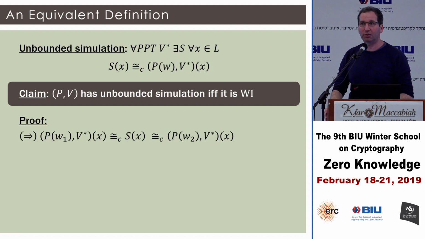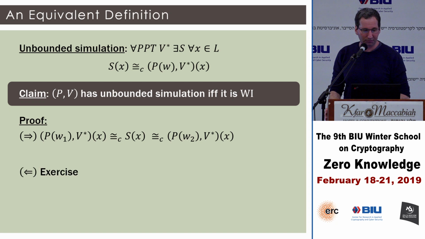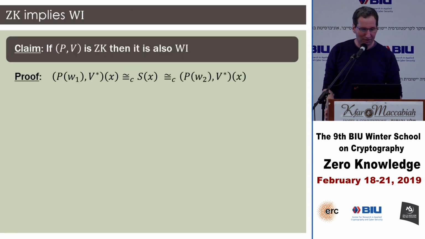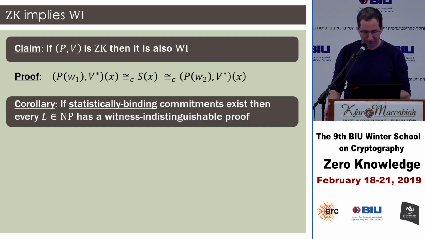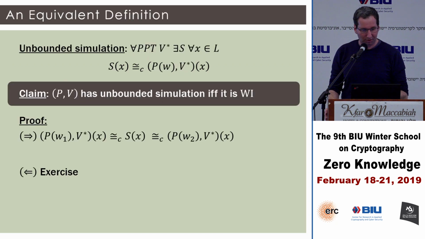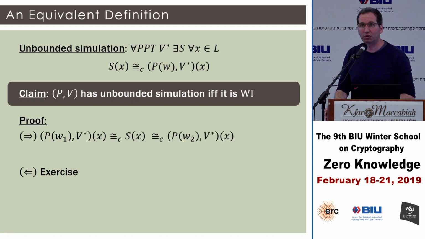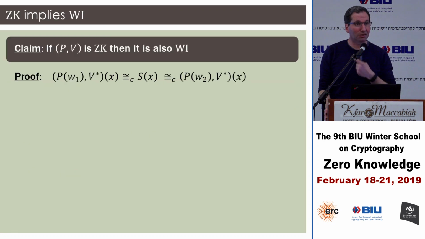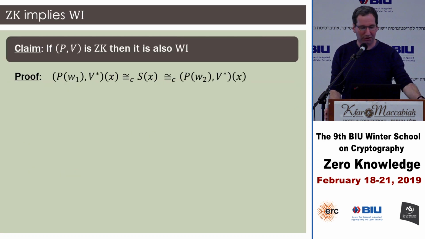This argument works even if the simulator runs in exponential time or unbounded. The other direction I'll leave as an exercise. Try to think why, if it's WI, then it also has unbounded simulation. Hint: try to think how long it would take to find the witness.